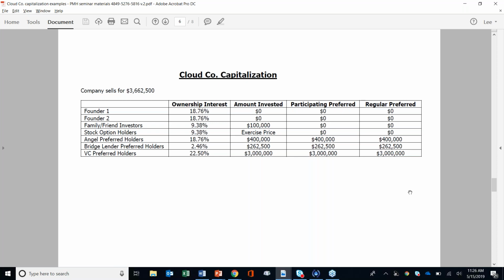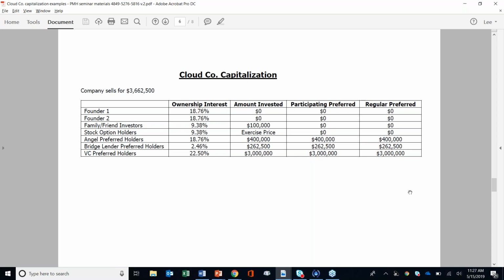What I'm going to do and walk through is to show 3 different scenarios where the company ends up selling. The first one is a bad situation. We raised money at a $10 million valuation, and we were unsuccessful.